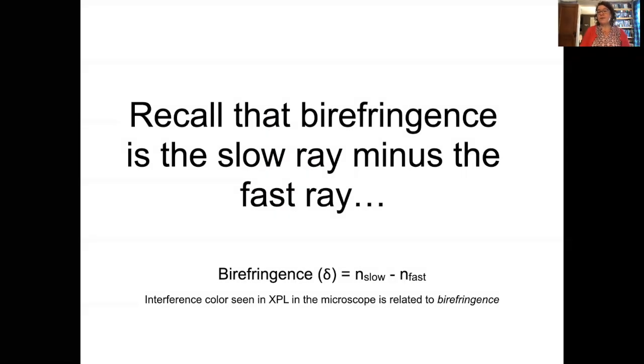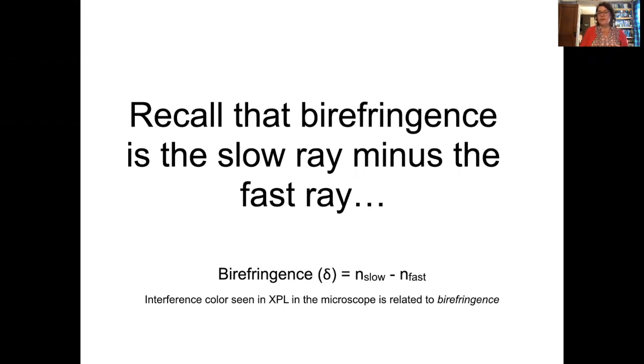Now that we've talked about the different slices that light can encounter when moving through isotropic and uniaxial minerals, let's talk about what that means about what we see in thin section. Remember that birefringence is calculated by subtracting the index of the fast ray from the index of the slow ray. And the interference color that you see in cross-polarized light in the microscope is related to birefringence.